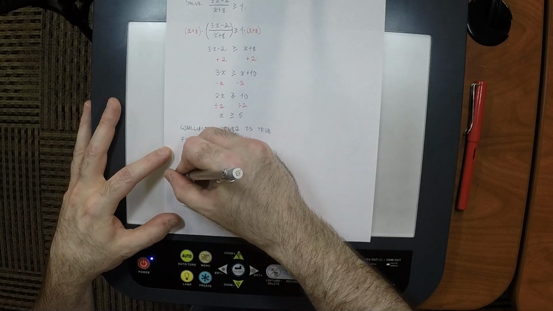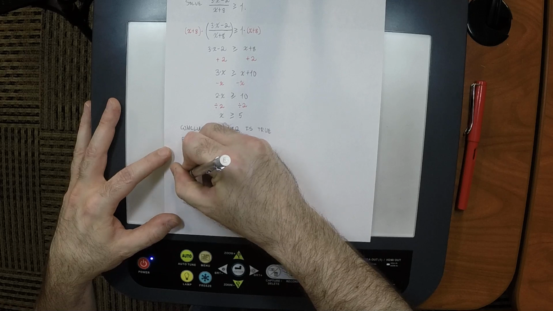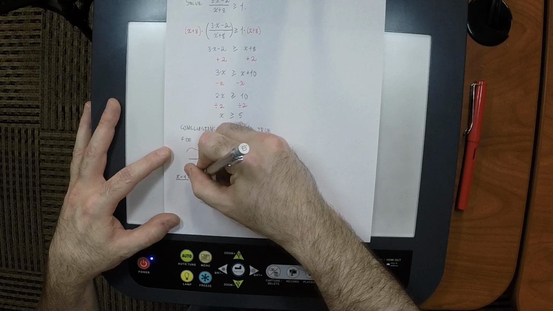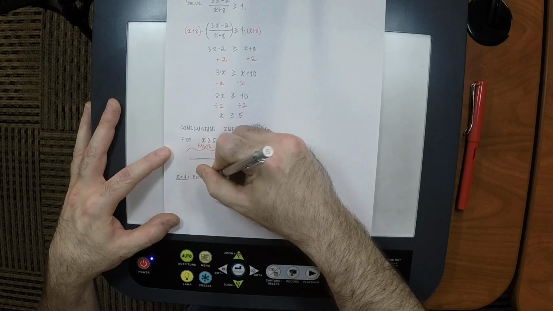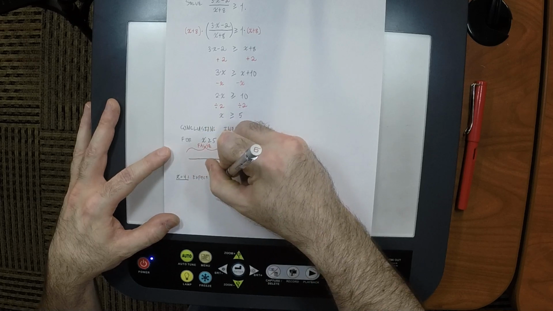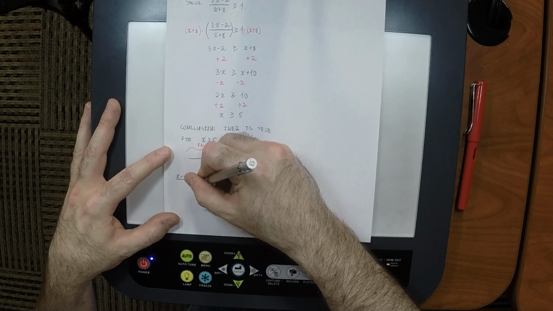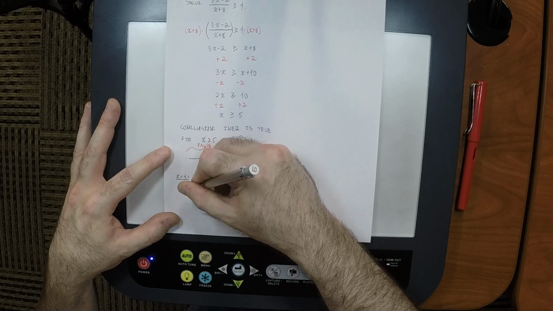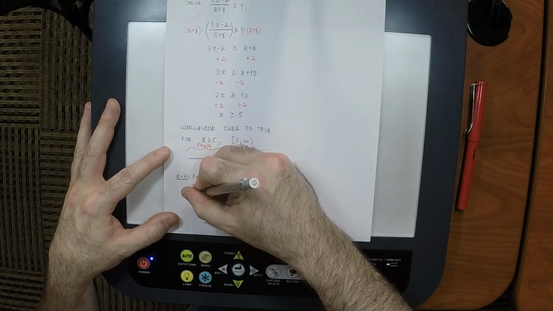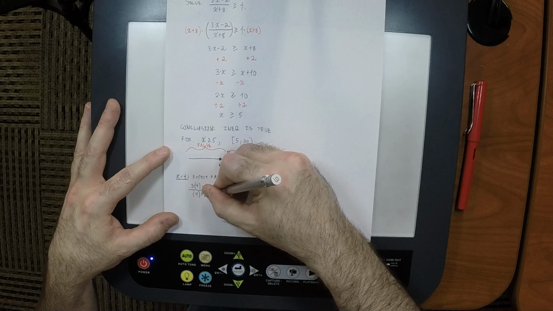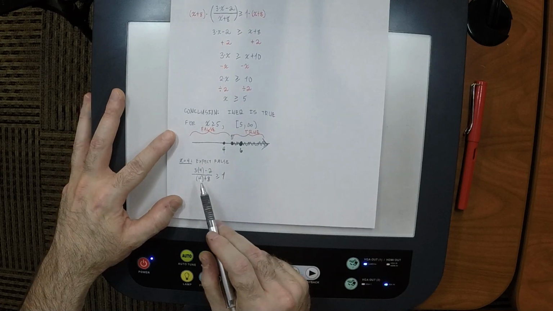So let's plug in x is 4. We expect false. So that would be 3 multiplied by 4, subtract 2, divided by 4 plus 8, greater than or equal to 1. All right.